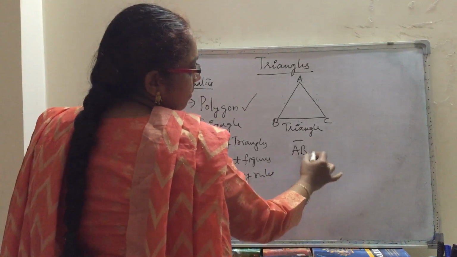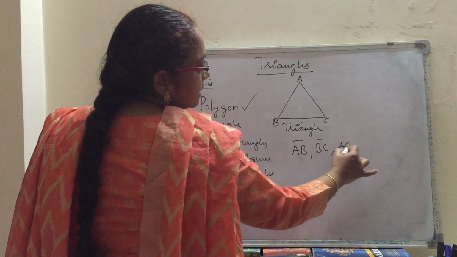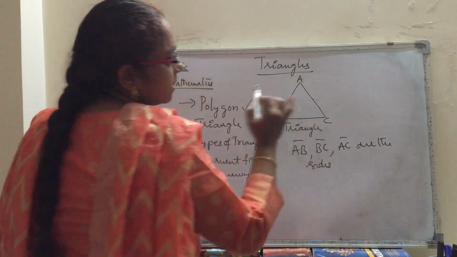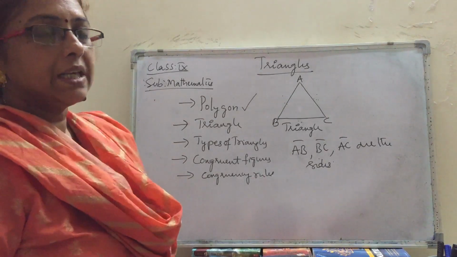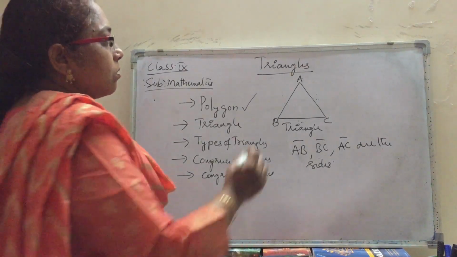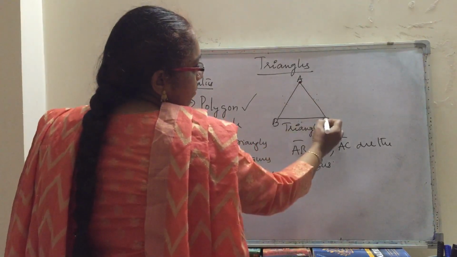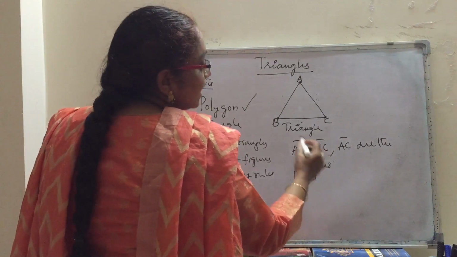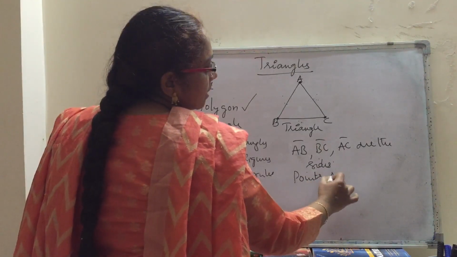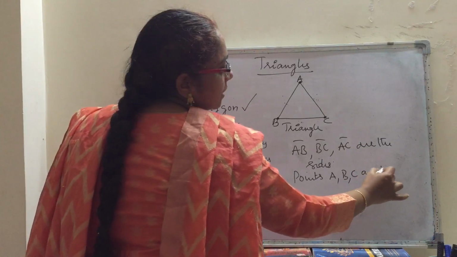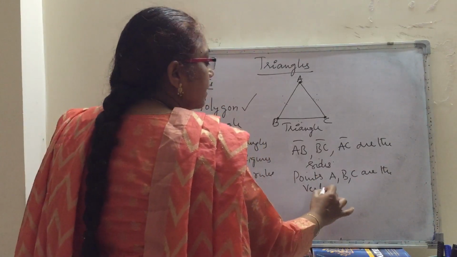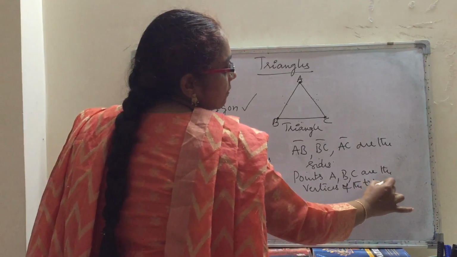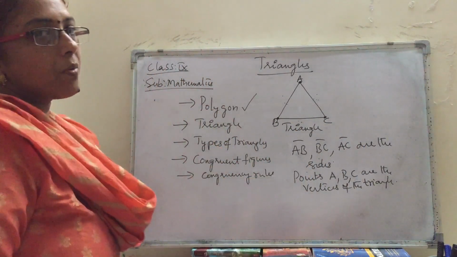How many sides are there in a triangle? 3 sides. Now see, these points A, B, C, what are they called? The points A, B, C are called vertices of the triangle.